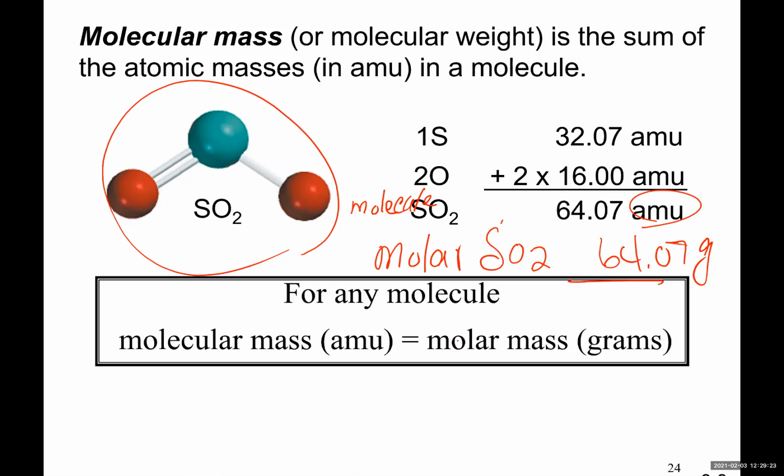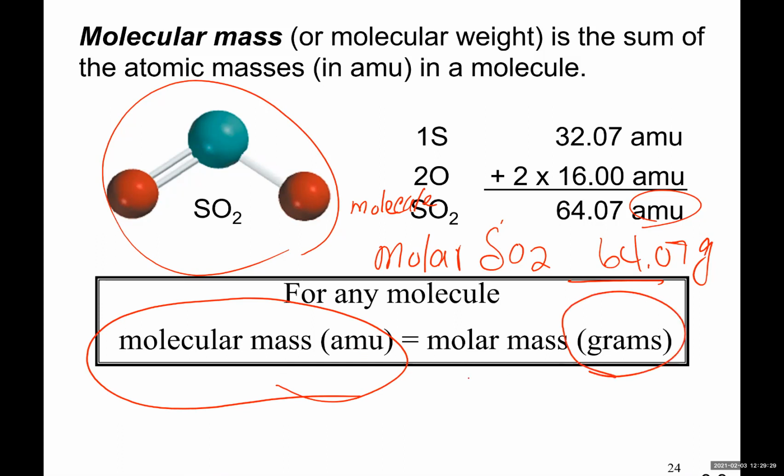So for any molecules, you can calculate the mass of molecule in AMU, change the unit to grams, then you have mass of 1 mole, or it's called molar mass as well. So molar mass is in grams. Molecular mass is in AMU.